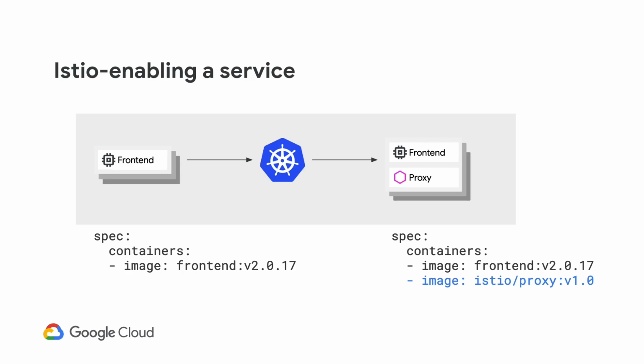Instead of that, what we do is we add a second image there, which is the Istio proxy, which makes it Istio-enabled. What that does is it injects a network proxy close to the workload, sitting right alongside it within that pod. And that smart proxy captures all inbound and outbound network connectivity. So everything will automatically go through that.